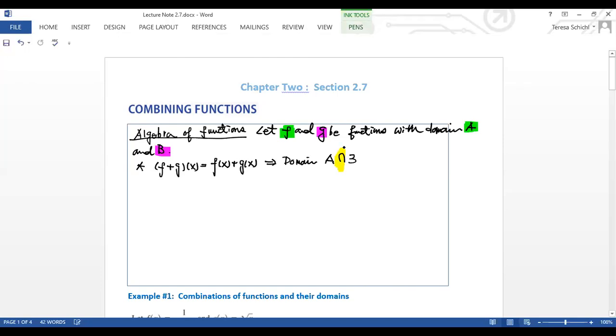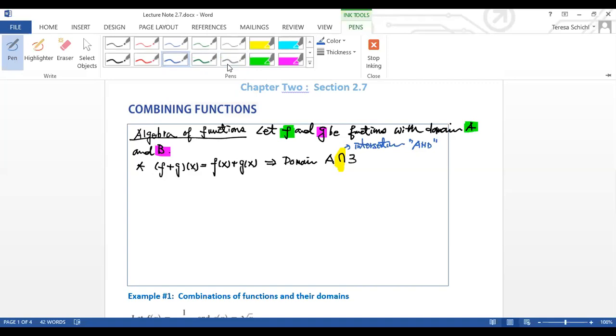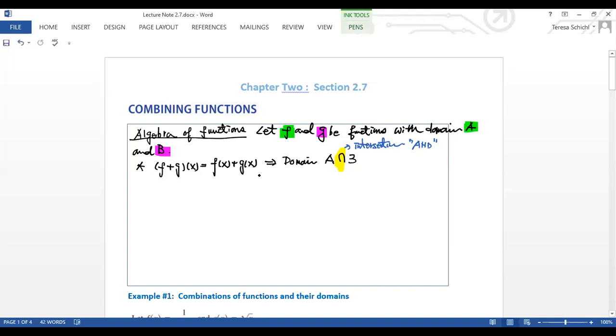This notation means the intersection. What does intersection mean? That means "and", so both A and B. The domain has to satisfy both because the resulting function combines both.